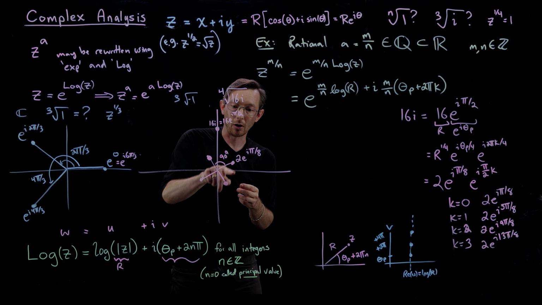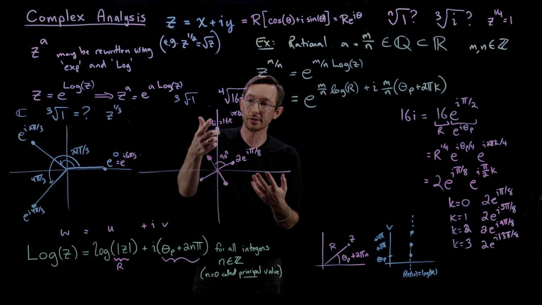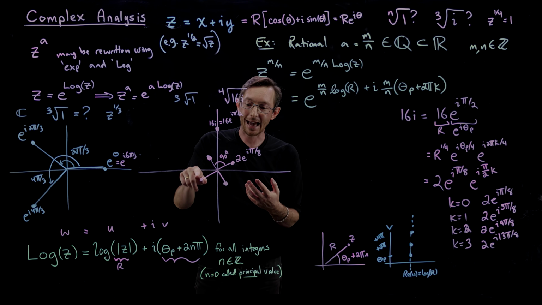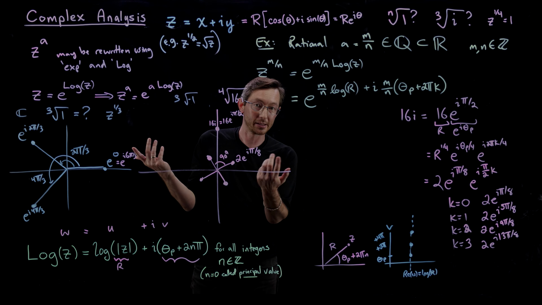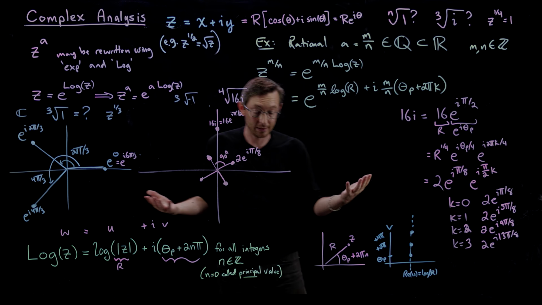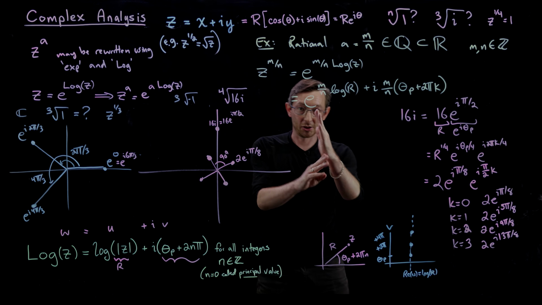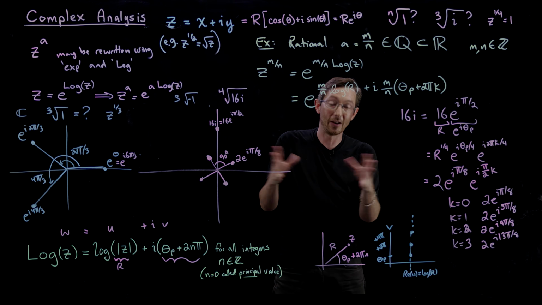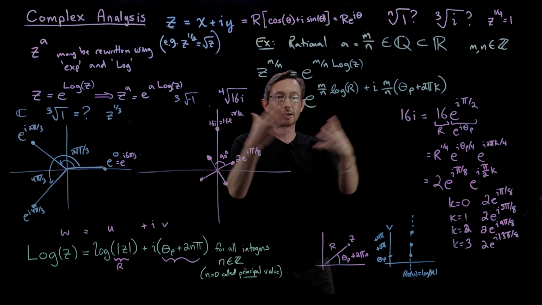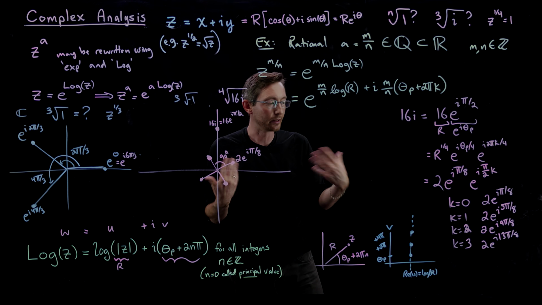And there are only 4 unique fourth roots of this number, because after the 4th unique one, the next one, I'm basically back where I started. And if this was the 5th root, I would get a star pattern with 5, like a pentagon. I would get things equally spaced 5 ways. If I took the 6th root, I would get things equally spaced 6 ways, and so on and so forth.